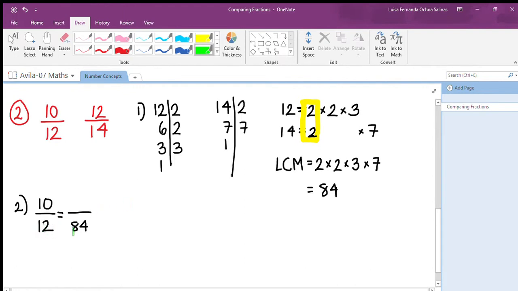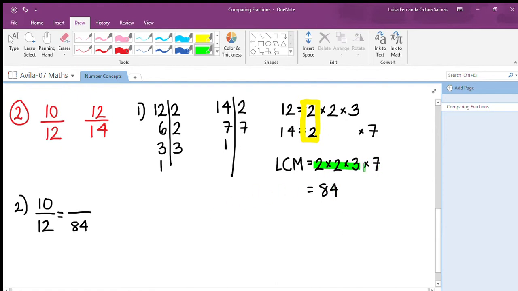You don't have to now say, okay, 84 divided by 12. What do I have to divide 12? Multiply 12 to get to 84. You can use what you already have here when you did this operation here. So if I see here, I already have that 2 times 2 times 3 is going to be equal to 12.